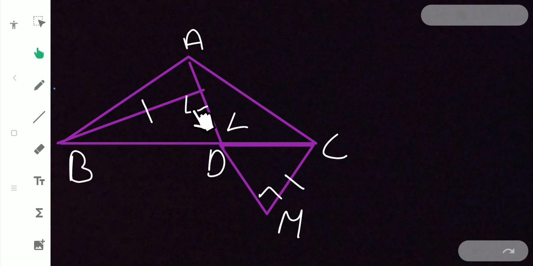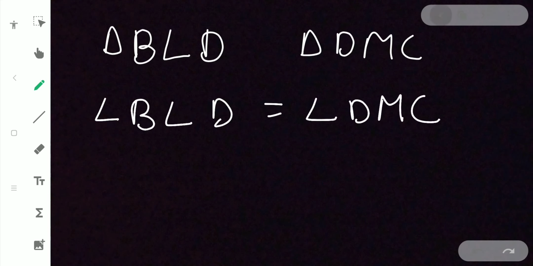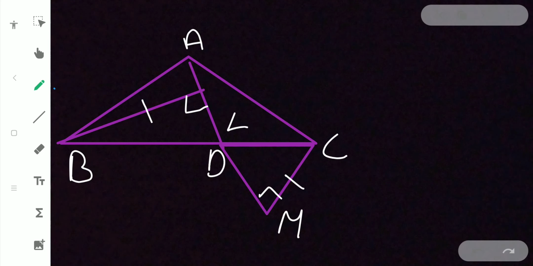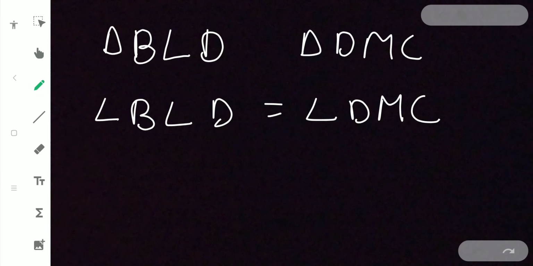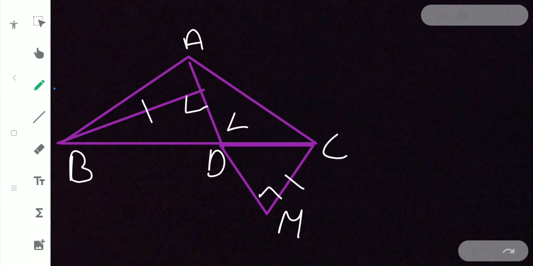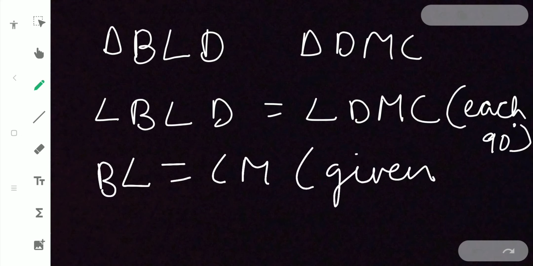Here we are having a 90 degree angle: angle BLD is equal to angle DMC. We can write in brackets, each 90 degrees. Next, we are having BL is equal to CM, given in the question itself.